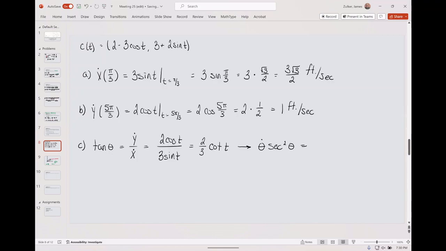What is the derivative of cotangent? Negative cosecant squared.